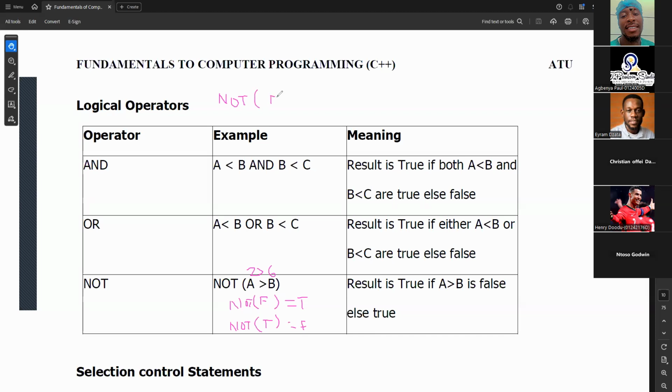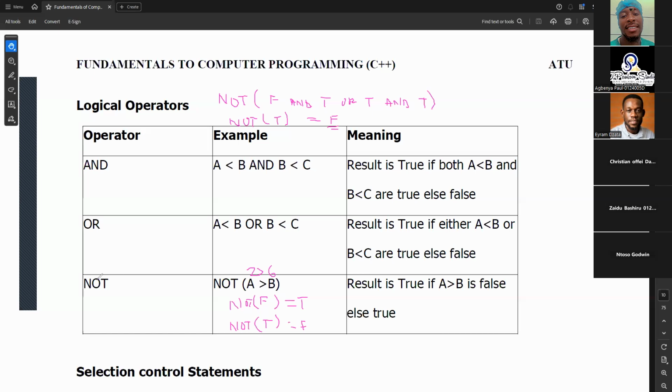So we had F and T, or T and T. If I put all in this, our final answer was what? T, which was true. So if we put the not there, it makes the statement false.